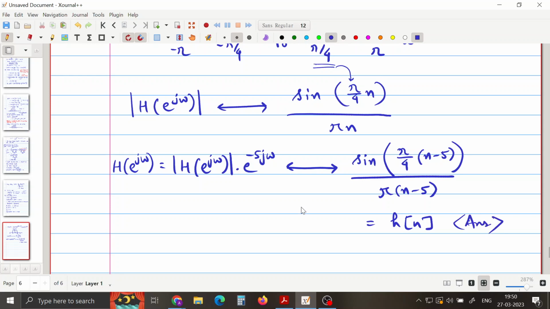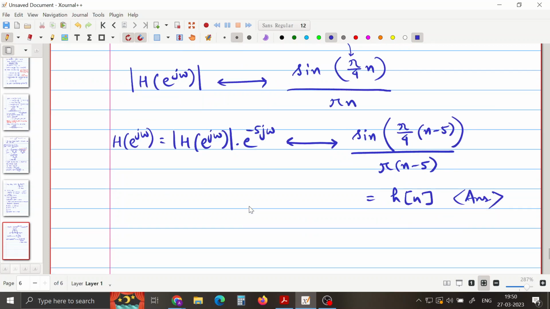So we have solved it for the first part, for tau of omega equals 5, I believe. And now you can easily plot this. It is like a sinc function, an even function. Why even function?